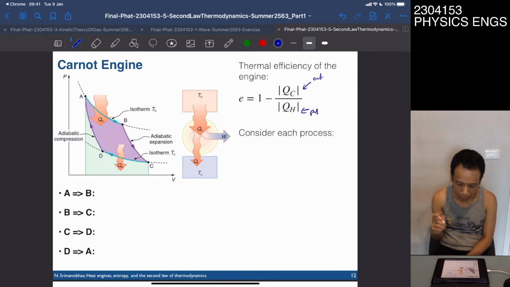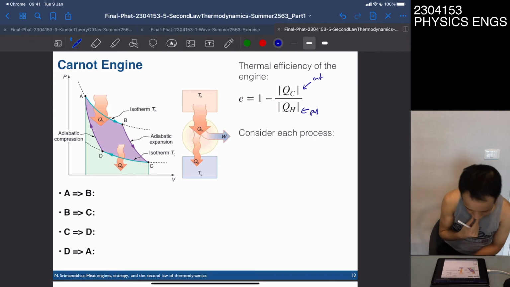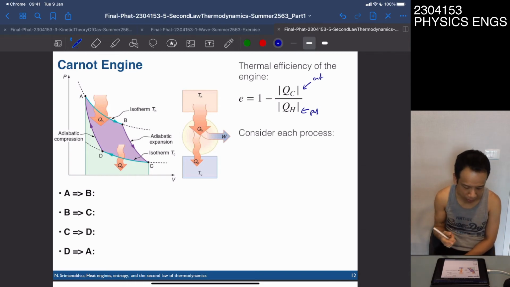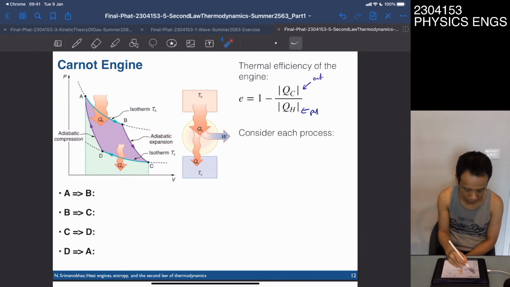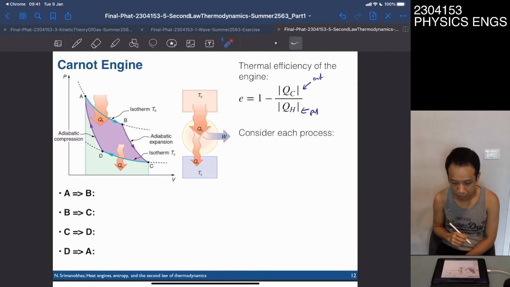So we consider each of the processes. You have two isotherms and two adiabatics. From A to B is an isotherm, B to C is an adiabatic, C to D is an isotherm, and D to A is an adiabatic.